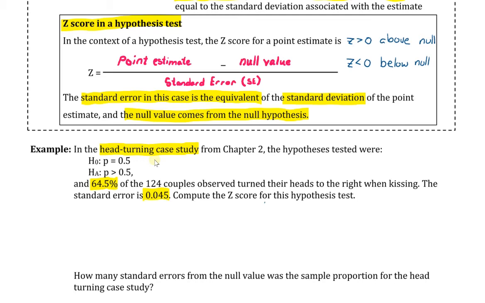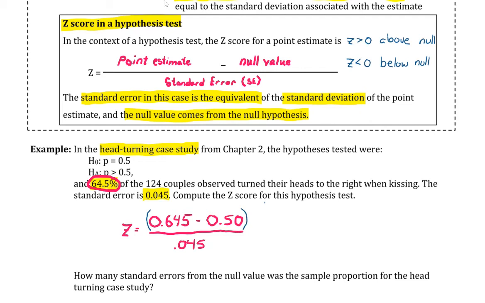So notice your z-score is going to be your point estimate minus your null value divided by your standard error, where your point estimate is given as the 64.5%. Now, when you enter this in your calculator, you're most likely going to need to insert parentheses around the numerator.